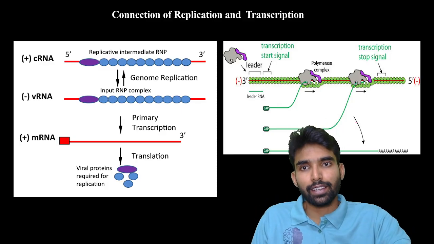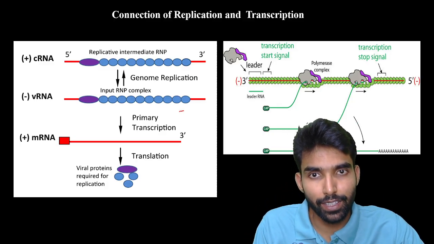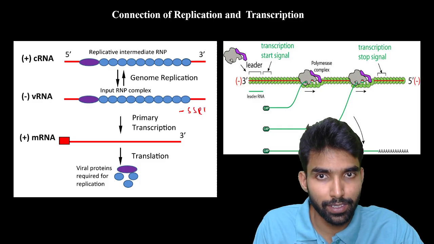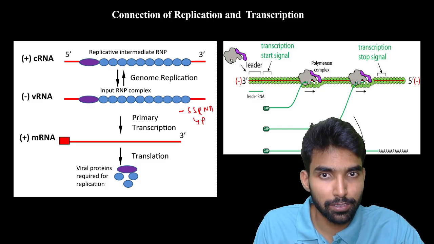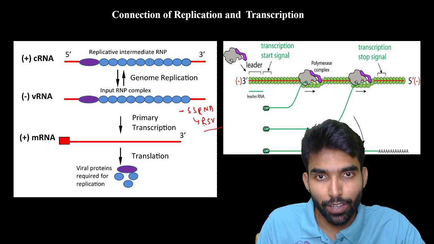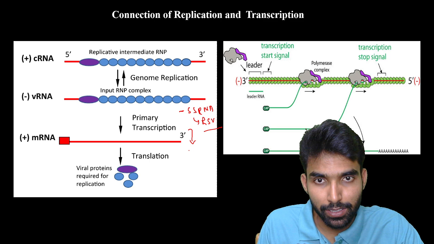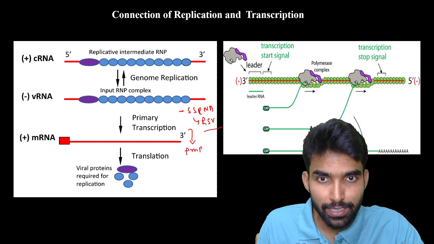So here is an example. Let's say you have a negative sense RNA virus, that's RSV, the first example, Pneumoviridae family. If the virus wants to make protein, the virus first should make the mRNA, right?